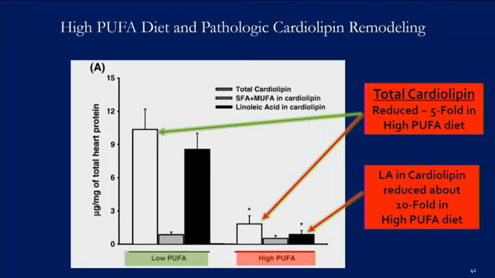Look at the linoleic acid. It's reduced about 10-fold. So this is the paradox, which when I first read this, I couldn't understand. But when you consume a whole lot of linoleic acid, it causes this pathological peroxidation cascade, and this destroys the linoleic acid where you need it in the cardiolipin.